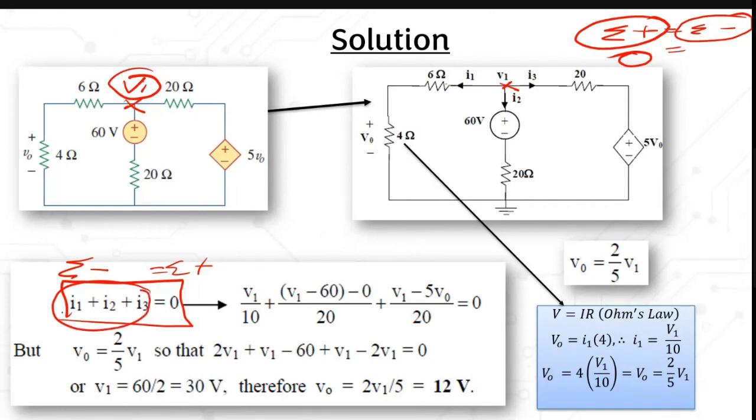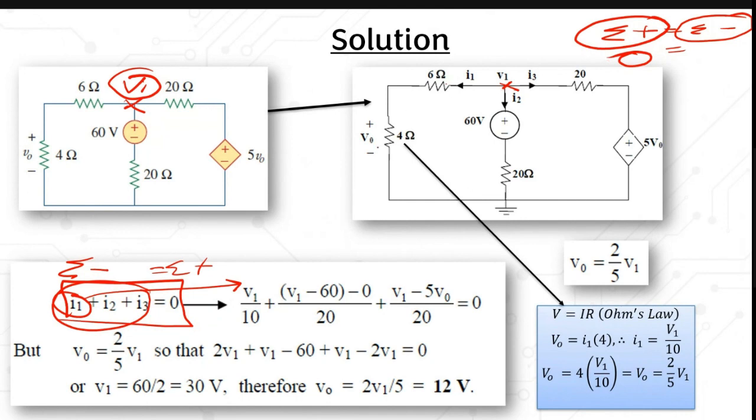For I1, it's V1 minus 0 over 6 plus 4, which is 10. That's why it is V1 over 10.